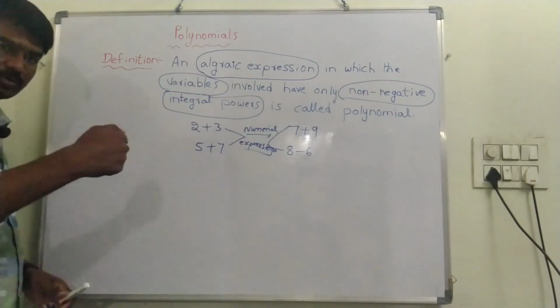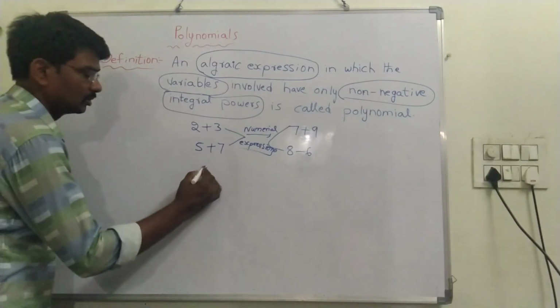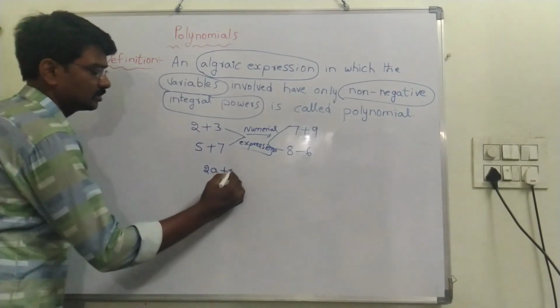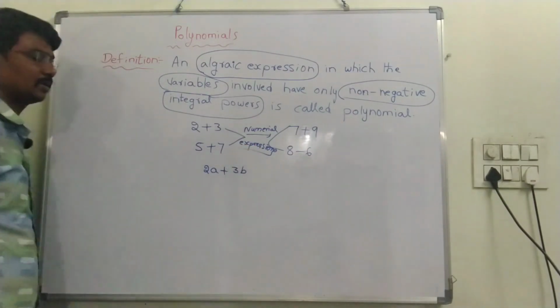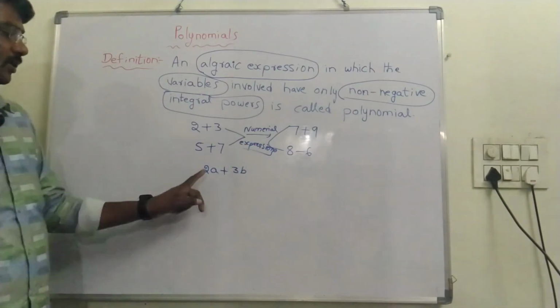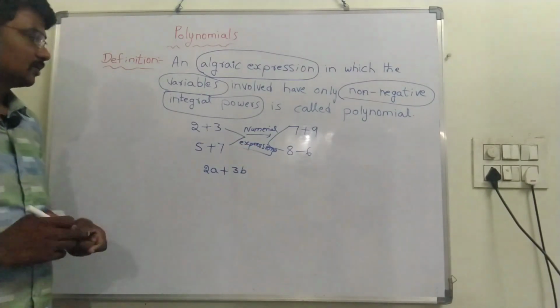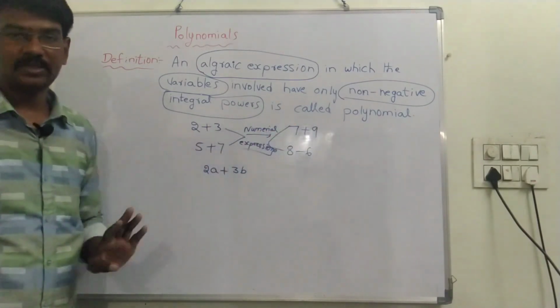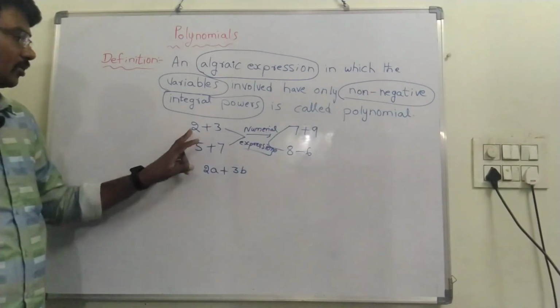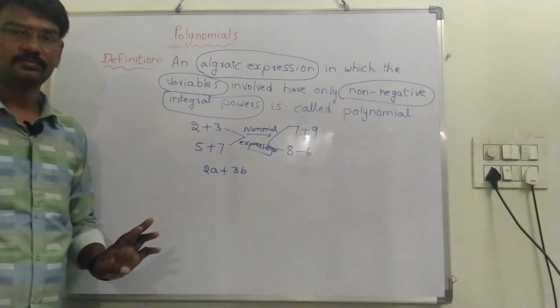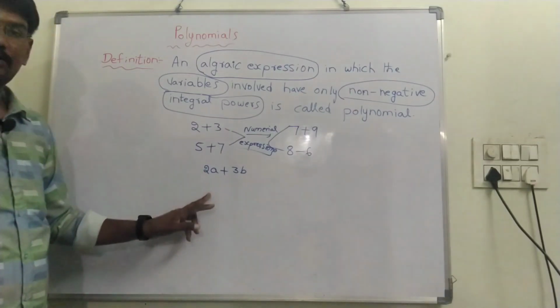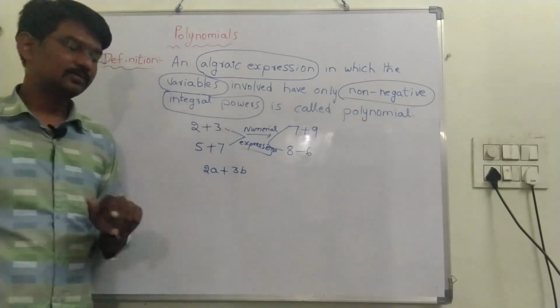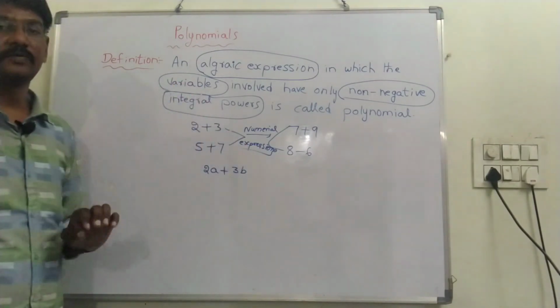Next, one more expression I am writing here: 2a plus 3b. The earlier ones are numerical expressions, only numbers involved. This is an algebraic expression, where letters are involved.